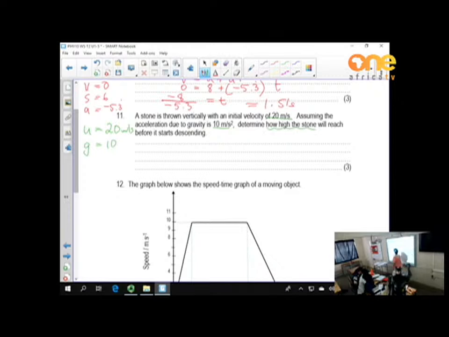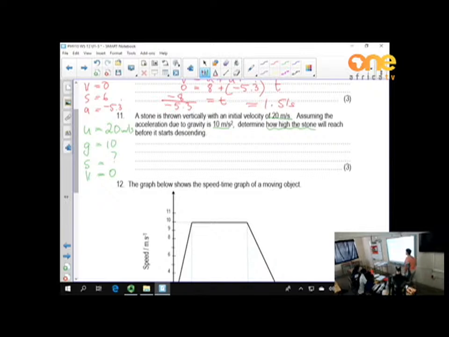We're looking for s. Which is the hidden quantity? Yes, what's final? 0. Final velocity would be 0, because if I throw something upwards, it's going to go up, but slower and slower and slower, and then it's going to start falling back. So for a split second, it will be 0, there where it turns.